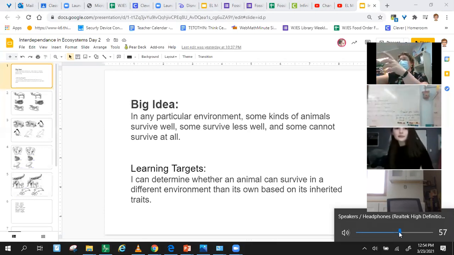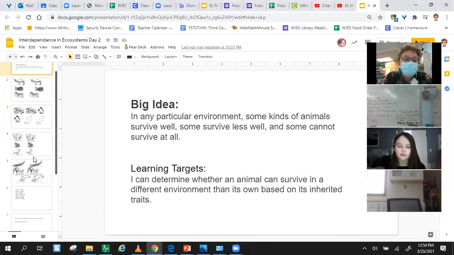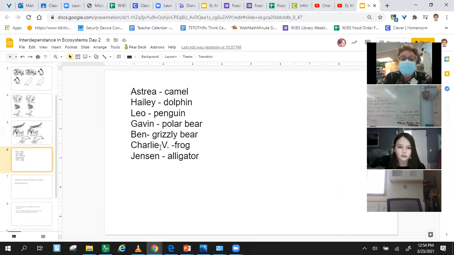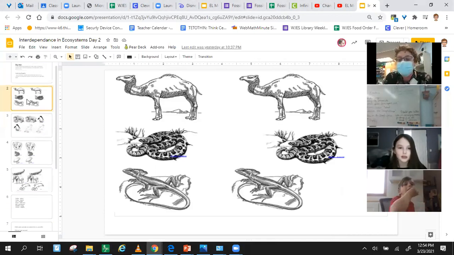So you could just hand it to them, take one out and pass it back, because they're going to want to get it as soon as possible. Astria, you're a camel, so the first one here is a camel. You can either use this one or print out one of your own, but you're going to want to do it super quick, cut it out and get it colored.